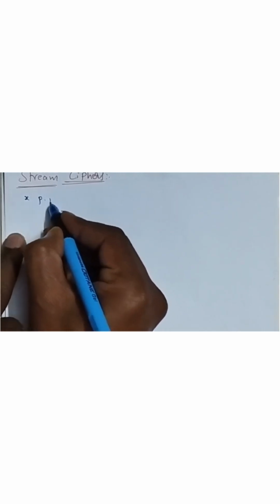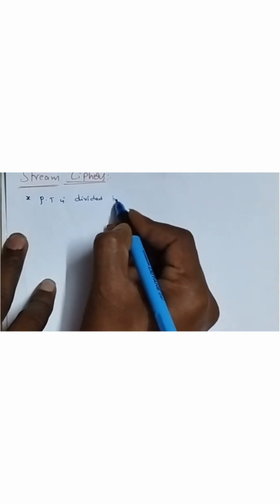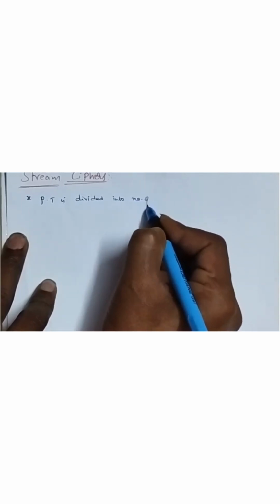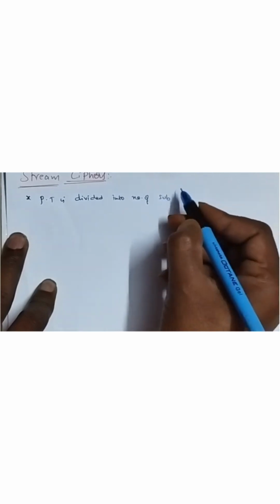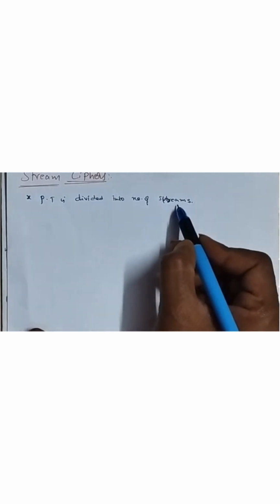Here the plain text is divided into a number of streams. In a block cipher, what will happen? The data will be divided into a number of sub-blocks. At the time of conversion, each block will be converted to ciphertext. Here also in a stream cipher, the plain text is divided into a number of streams.